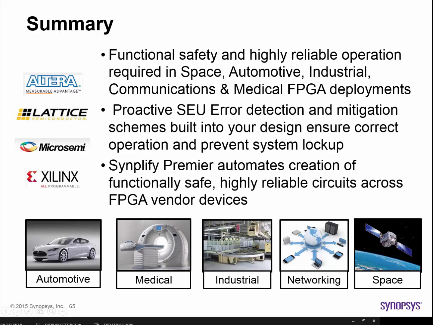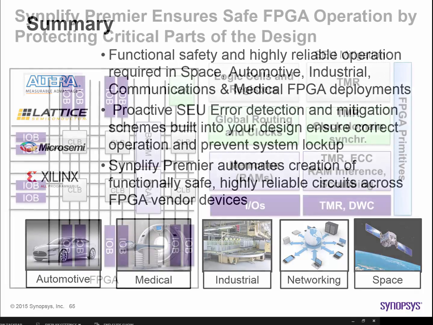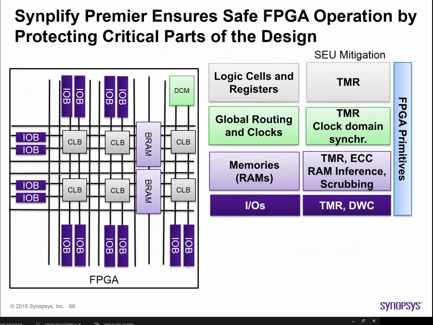Synplify Premier helps you to create functionality that is safe and highly reliable using your FPGA vendor devices of choice. The diagram on the left shows primitives on the FPGA die that need protection from the effects of radiation-induced errors. Combinatorial logic blocks, or CLBs, include registers, lookup tables, and DSP elements.